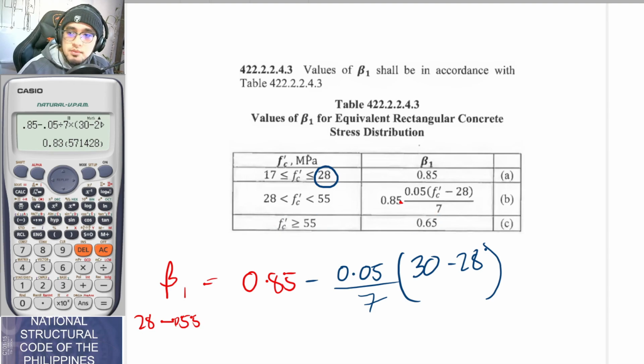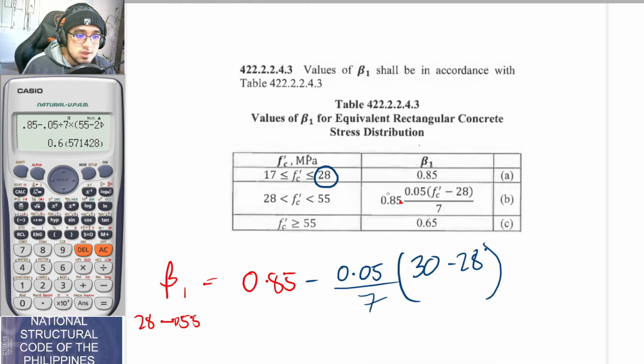So, try nga natin sa 55. Check lang. Hindi ko pa na-check to eh. Though 0.657 nakalagay dito, you would be using, of course, 0.65. Basta yun lang yung sa beta 1.